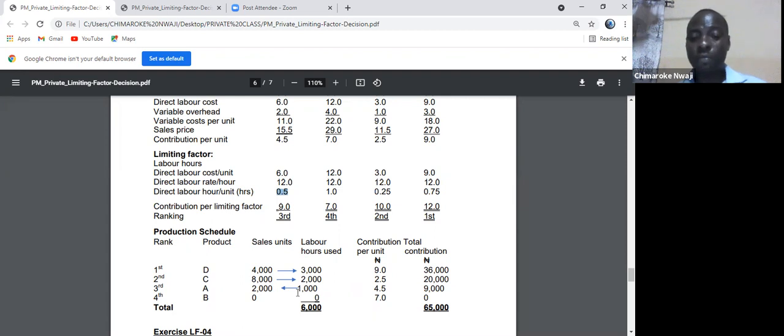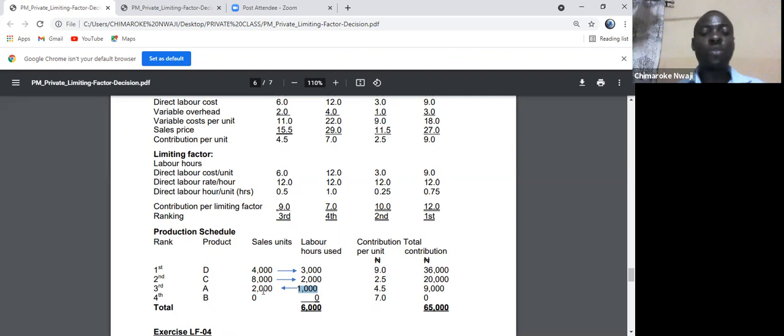So now you see the arrow pointing backward. How many units can 1,000 hours go? So what we do here is we look at A, 0.5. When the arrow was moving from left to right, we usually multiply the sales figure by the direct labor hours per unit. But now when moving from right to left, we do the inverse. Instead of multiplying, we divide. So 1,000 will be divided by 0.5.